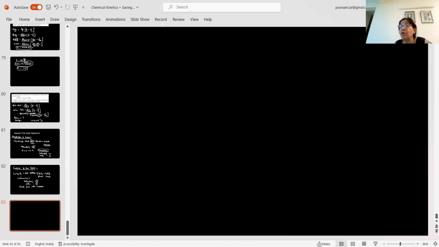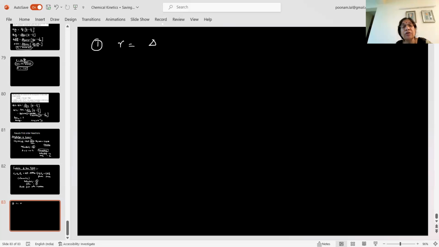I'm just going to write all the formulae that we need to use in this chapter. These are formulae for kinetics. The first formula is the rate of reaction.